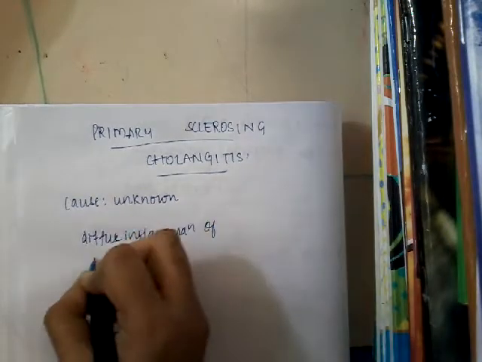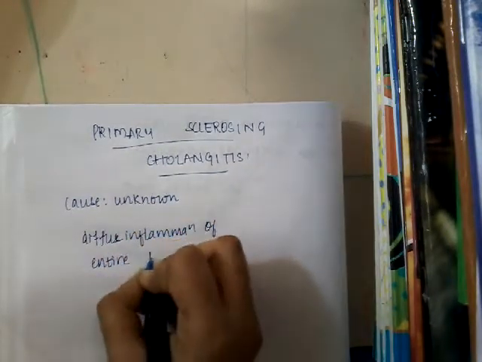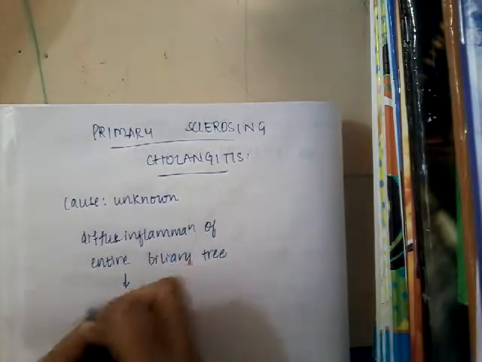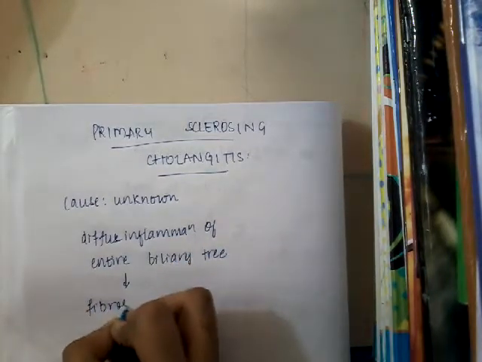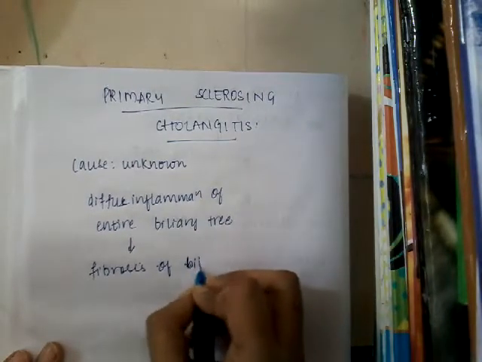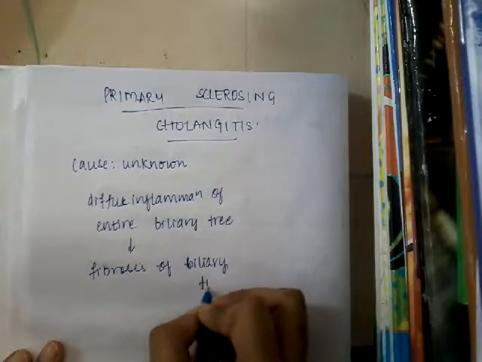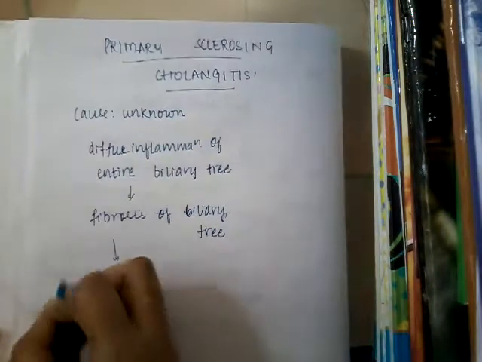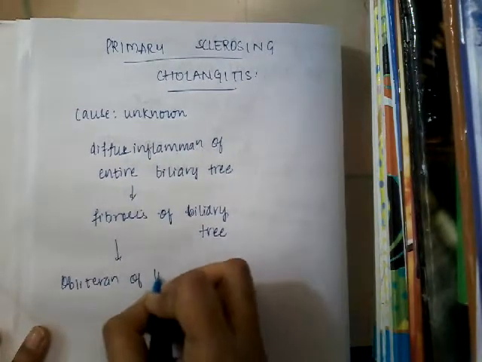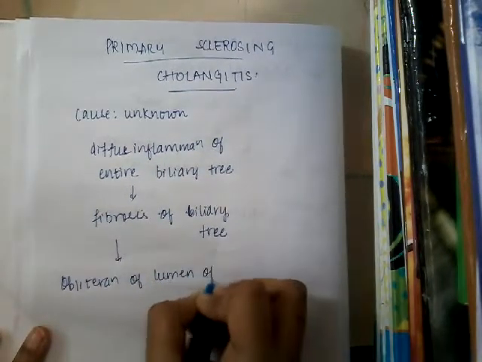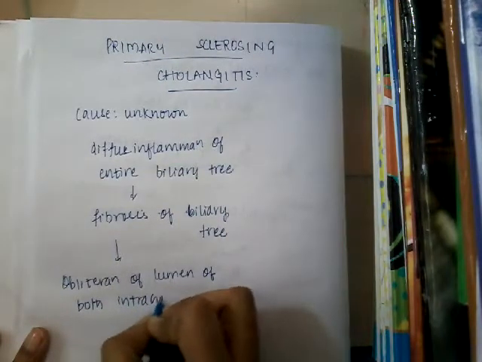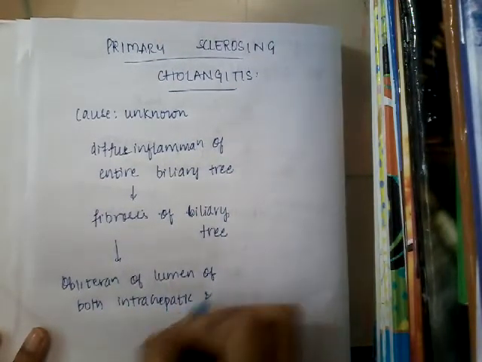of the entire biliary tree, and this entire biliary tree inflammation later leads to fibrosis of the biliary tree. So once there is fibrosis, there is obliteration of the lumen of both intrahepatic and extrahepatic biliary tree.